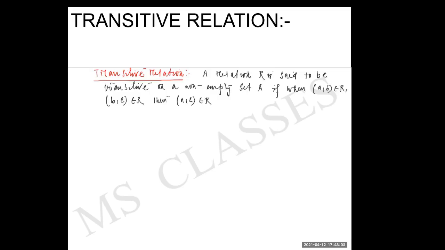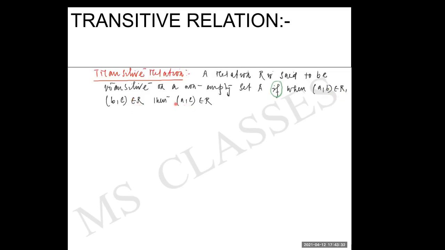Now listen, this is quite similar to symmetric relation. What is it saying? A relation is said to be transitive on set A if, when (A, B) belongs to R and (B, C) belongs to R, and these two are given, then you look for the third one.